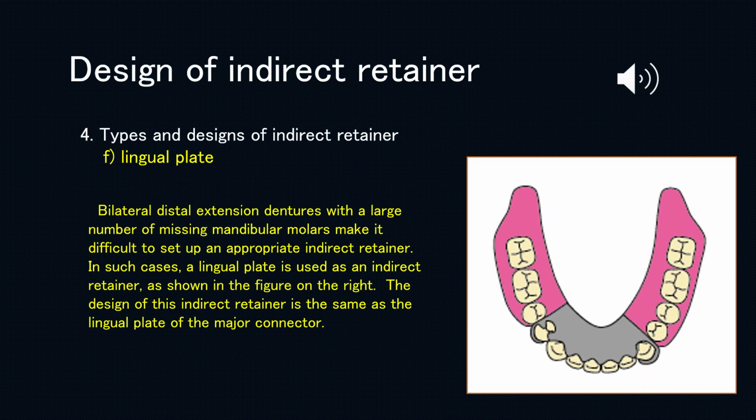In such cases, a lingual plate is used as an indirect retainer, as shown in the figure on the right. The design of this indirect retainer is the same as the lingual plate of the major connector.